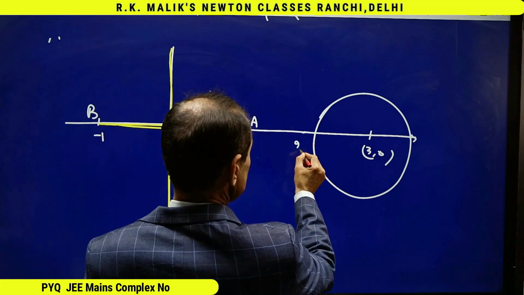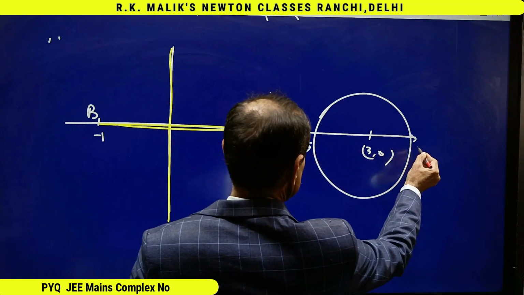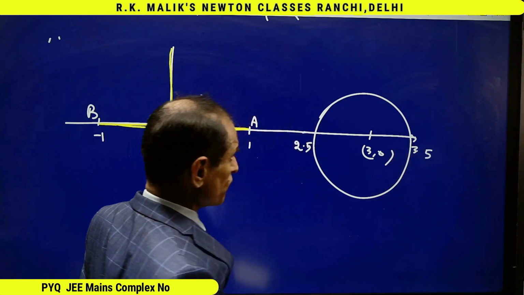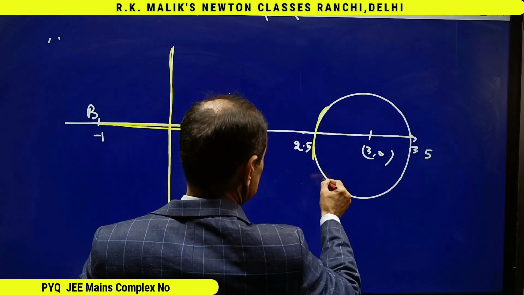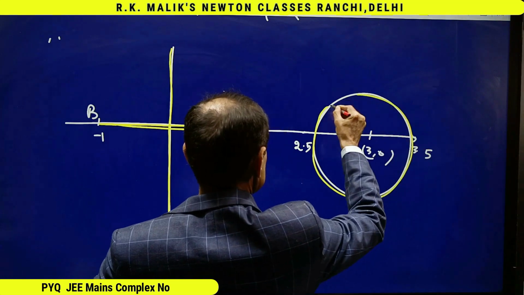That is, this point will be 2.5 and this will be 3.5. Let us draw a yellow circle.